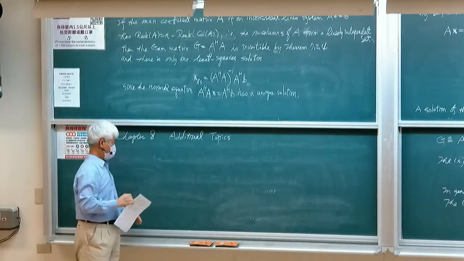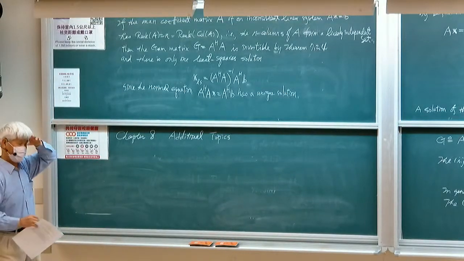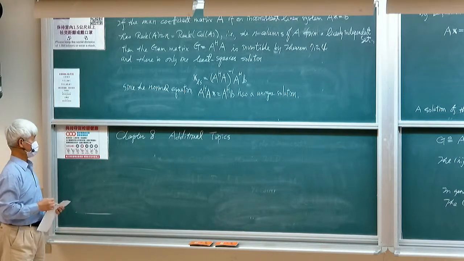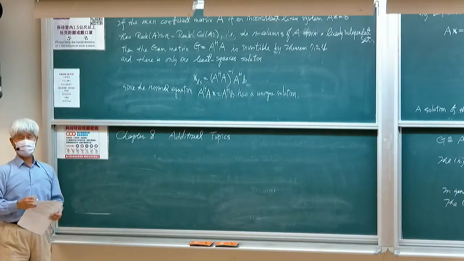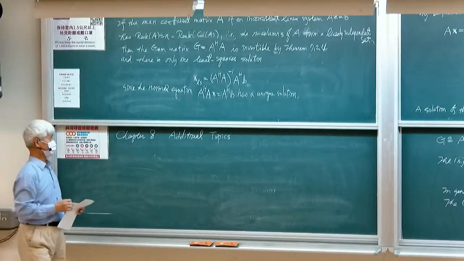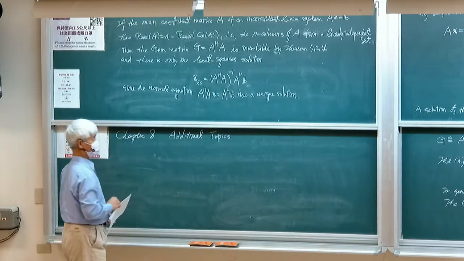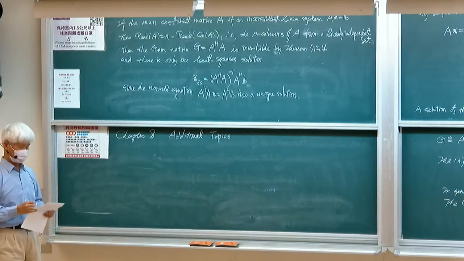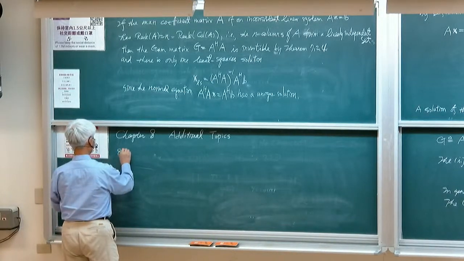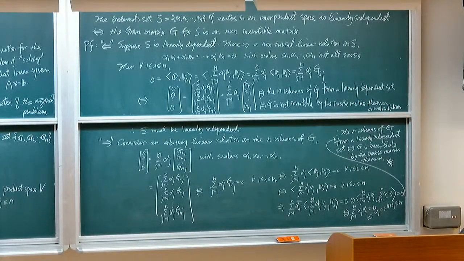The first 7 chapters give us the foundation of linear algebra. So all the basic concepts have been developed up to now, and in this chapter we want to develop further results. So the first section is about the spectral theorem.